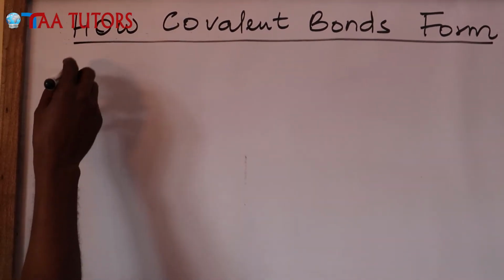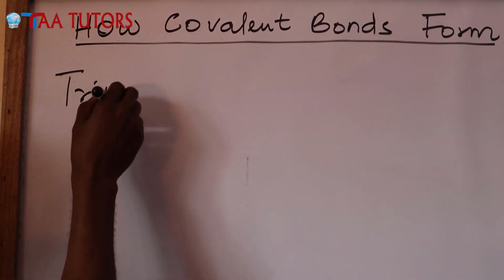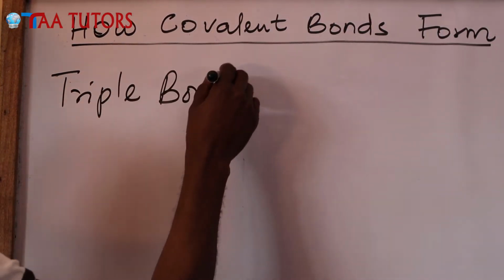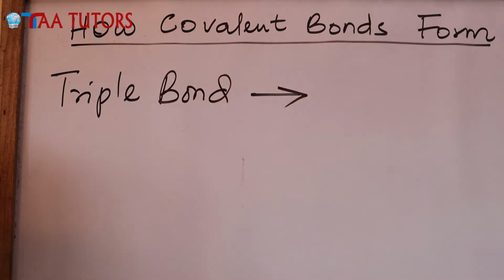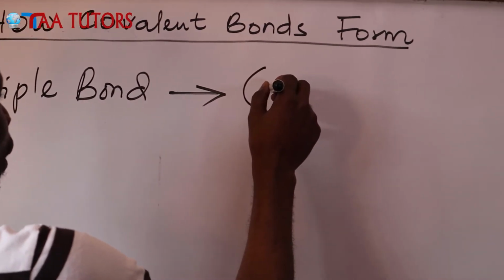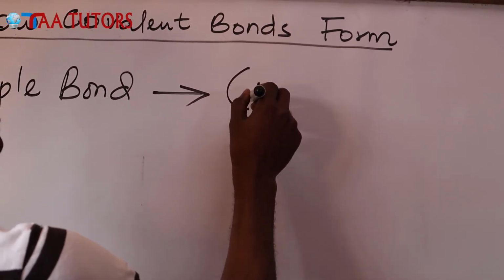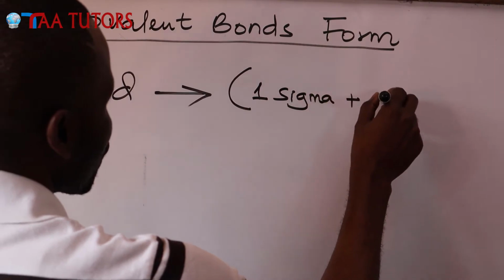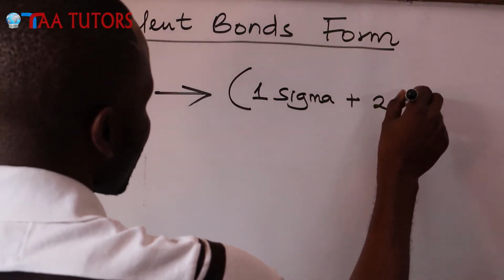Now let's talk about the triple bond. The triple covalent bonds are funny because with them, what happens is that we have one sigma bond plus two pi bonds.